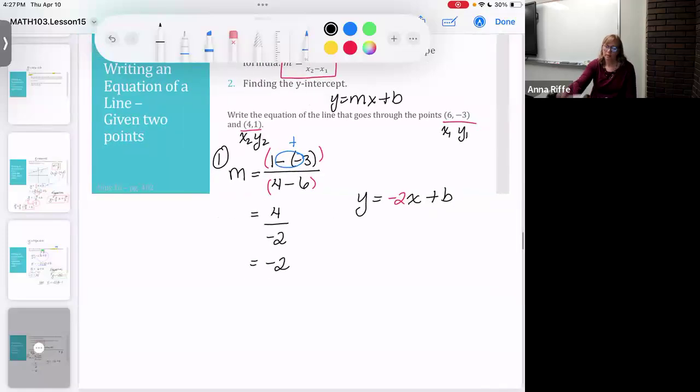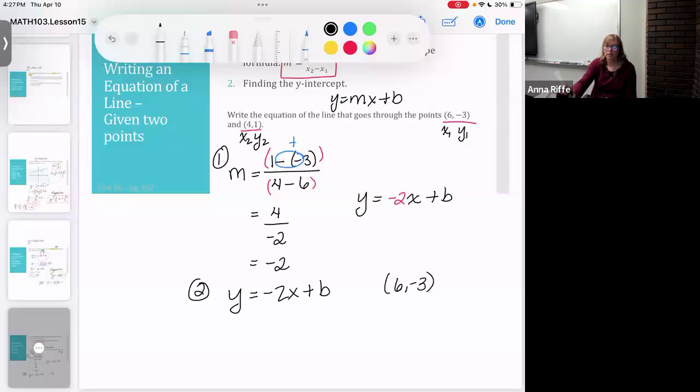My next step is exactly like the previous problem. I'm going to choose one of those XY pairs that I'm given. It does not matter which one. And I'm going to substitute that XY pair for the X and the Y coordinates in this equation. So given y is equal to -2x plus b, and I'm going to use 6, -3.